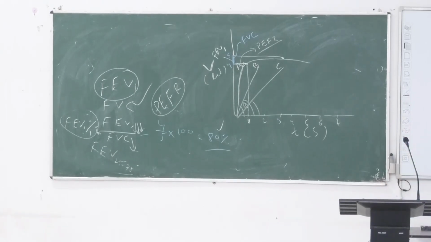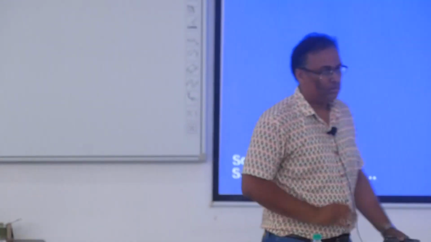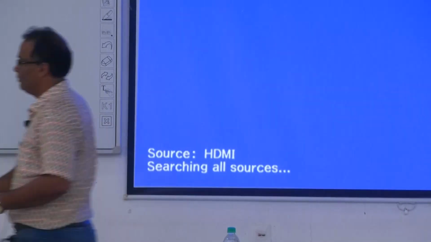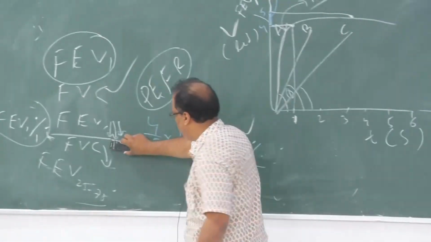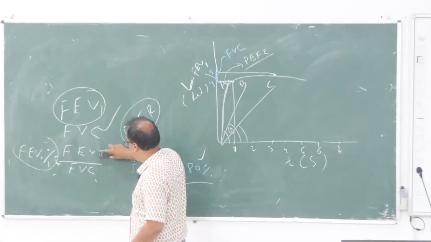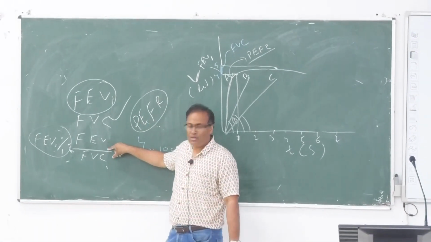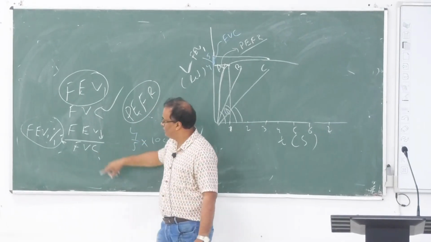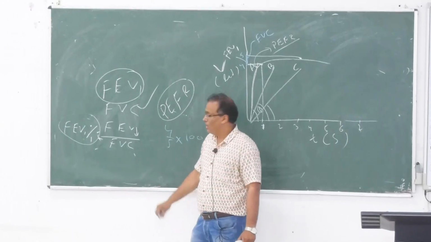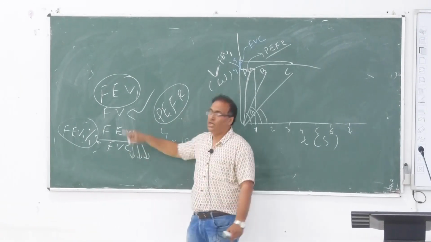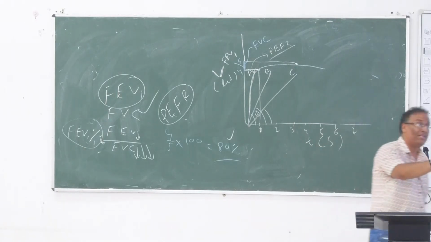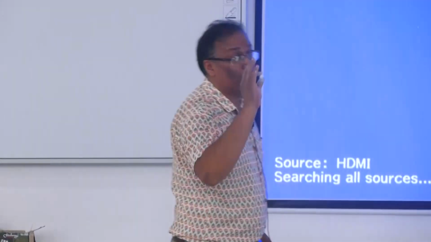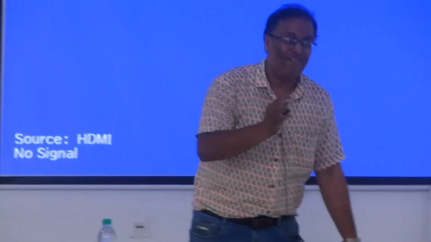But in case of restrictive condition, in your spirometer you see the normal level of FEV1 and FVC ratio.